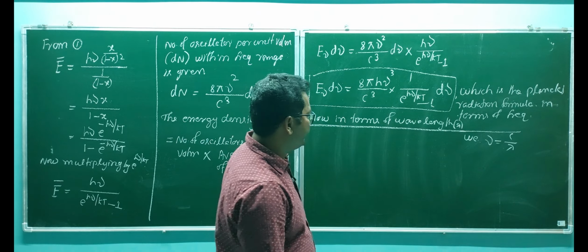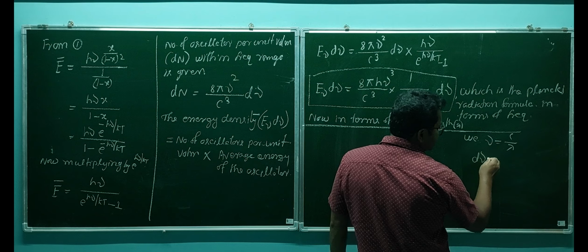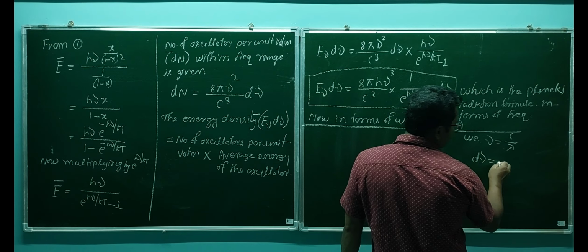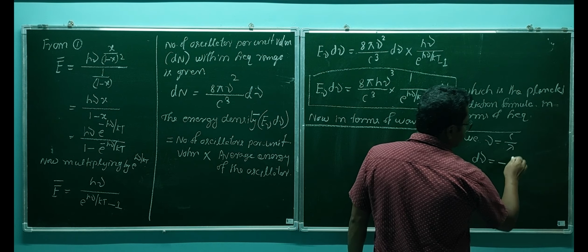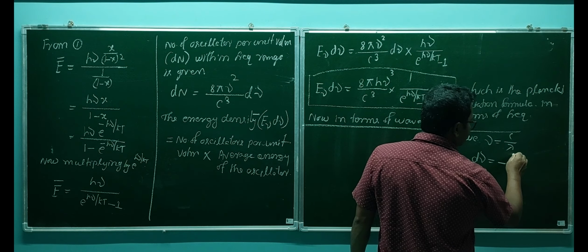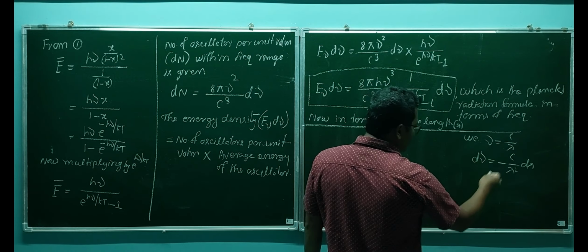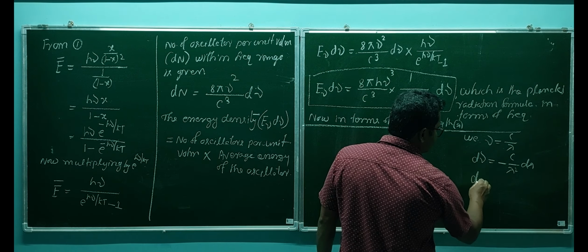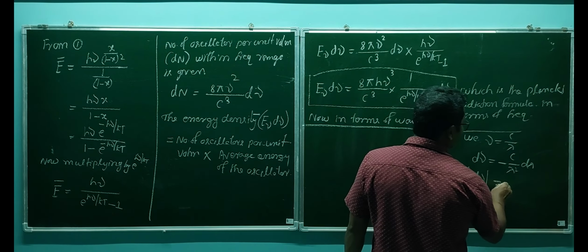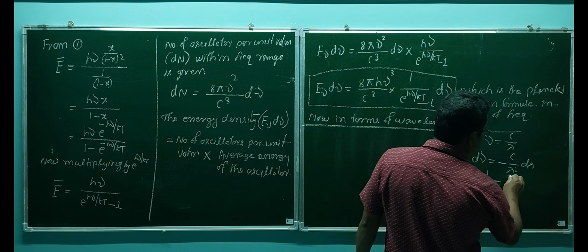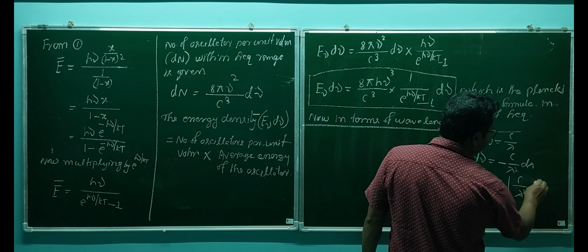On differentiation, d nu equal to minus c by lambda square d lambda. If we take the modulus, we get a positive value, that is c by lambda square d lambda.